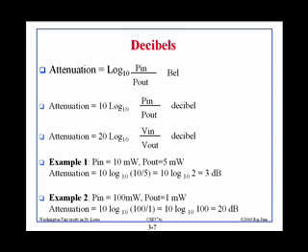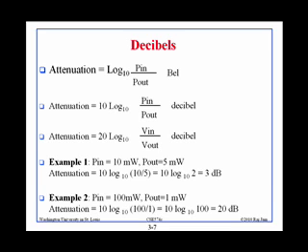P in is the power we put in, P out is the power we got, and you take the ratio of that, take a log of that, and that is the loss of the power, and it is measured in Bel. Bel is B-E-L-L for Graham Bell. However, somebody misspelled it or just shortened it to B-E-L. All right, so it's named after Graham Bell, and it is Bel, right?